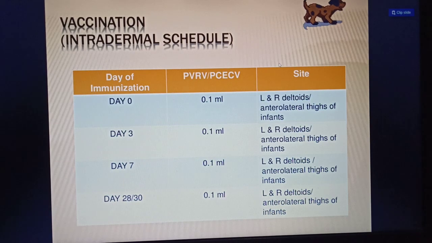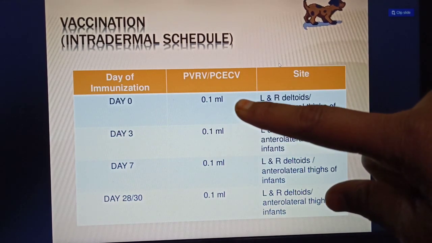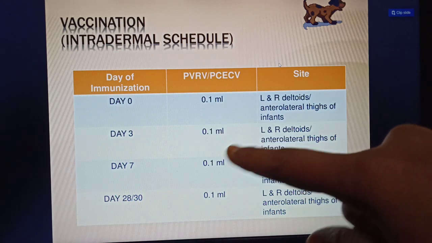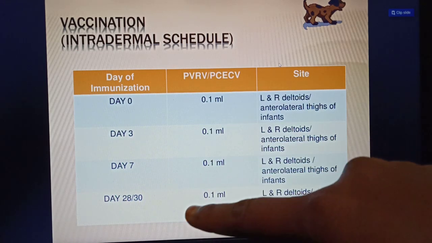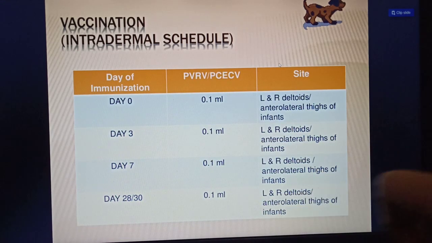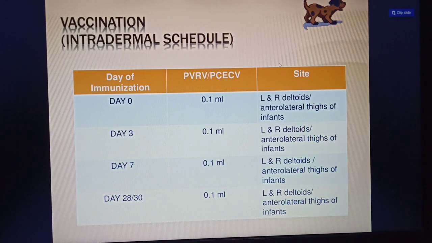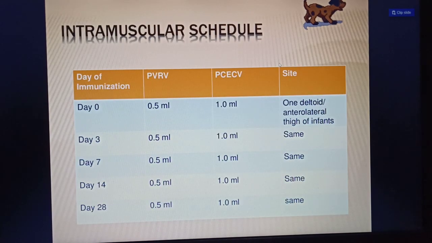See here, vaccination: on the day of immunization, day 0, 1 ml they are giving, and day 3, 0.1 ml, and day 7, 0.1 ml, and day 28 to 30, 0.1 ml they are giving to the patient. Okay, and intramuscular also the same. So this is intradermal they are giving, and this is intramuscular, same.